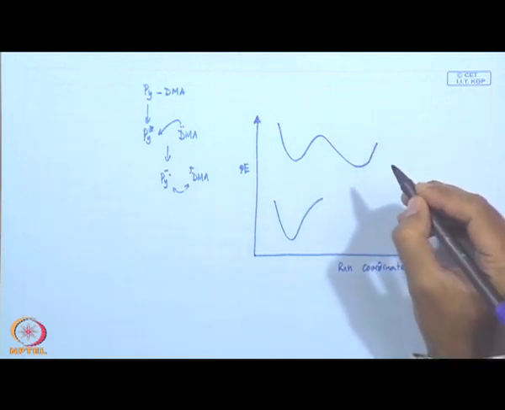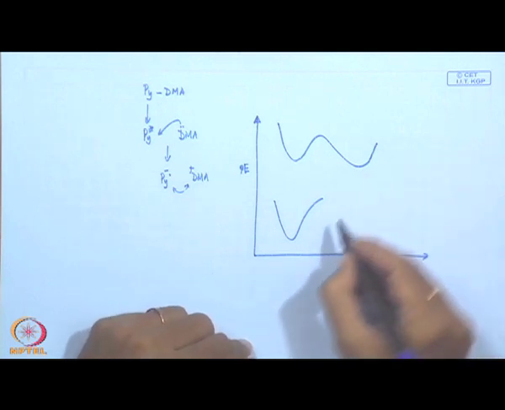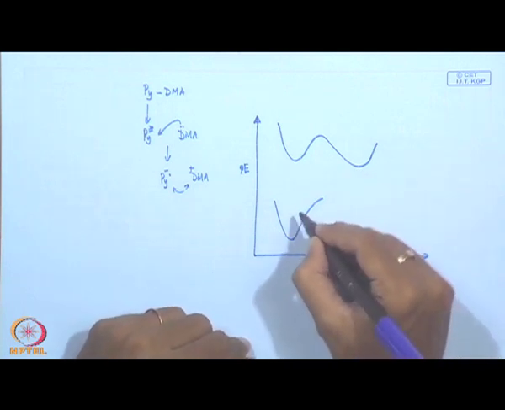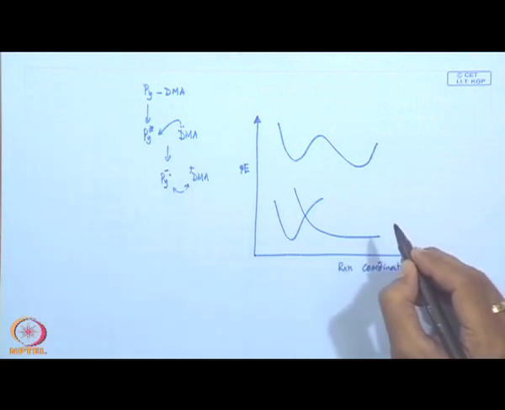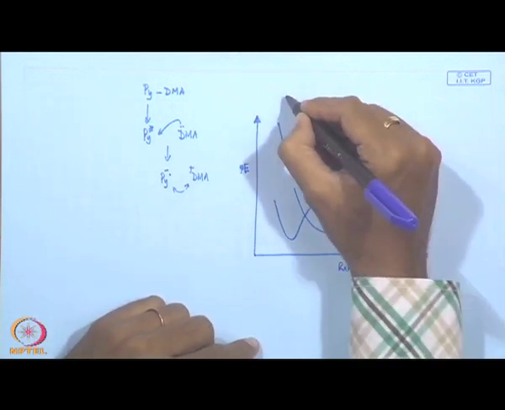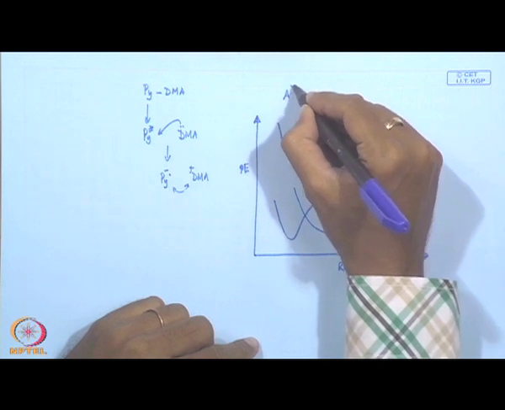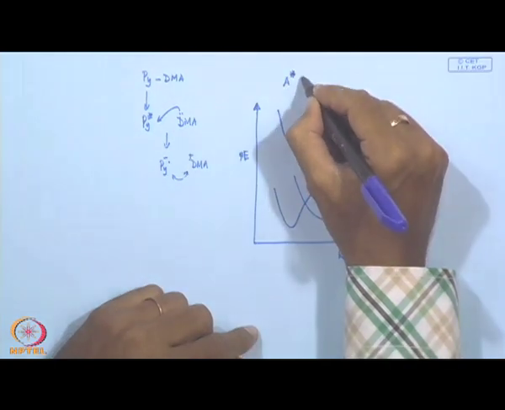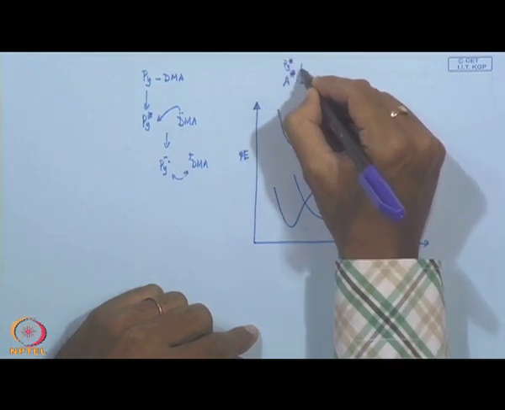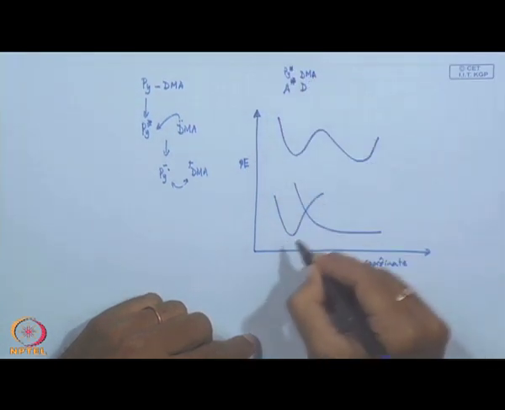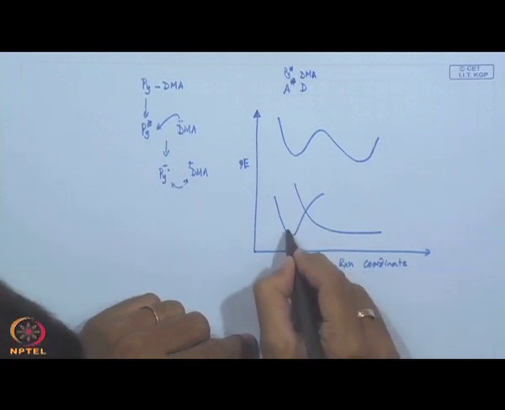And this is the repulsive potential. So, this part is your A star D, say this is pyrene star DMA, and this is your pyrene ground state.